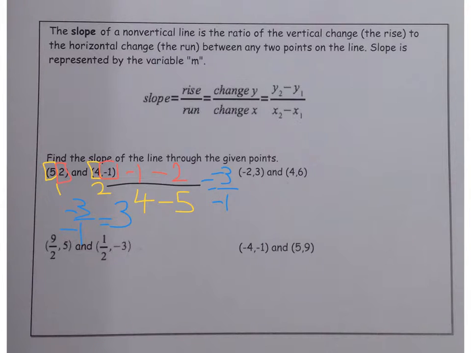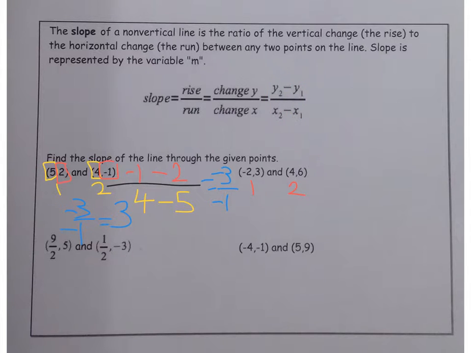Now I'm going to do the same thing with this one over here. I'm going to choose this one as point 2 and this one as point 1. Again, that's important because my point 2 values are going to be those two and my point 1 values are going to be those two.